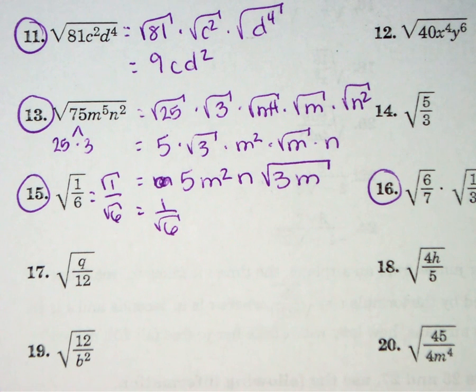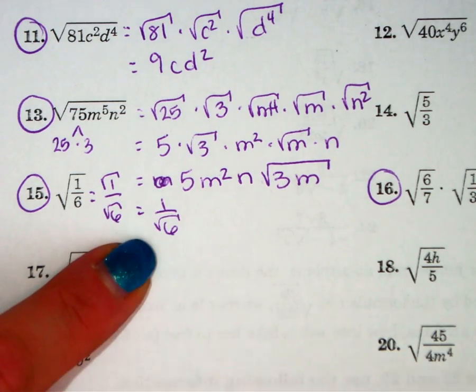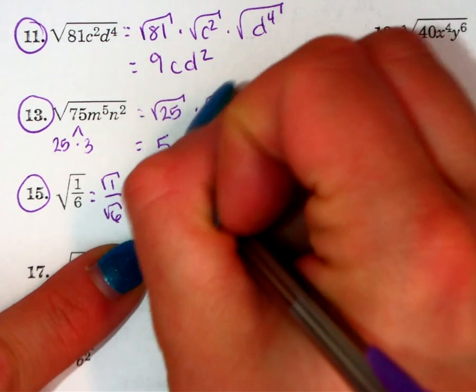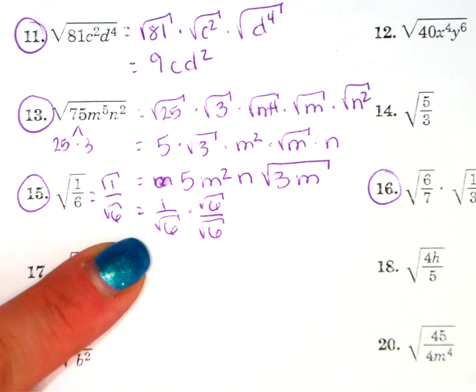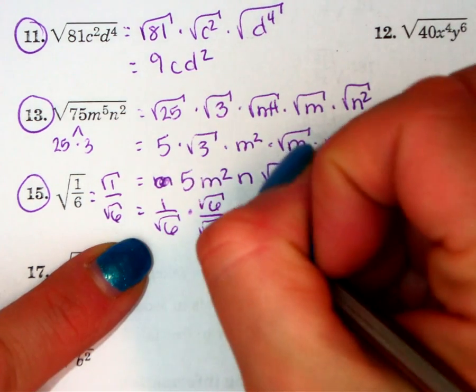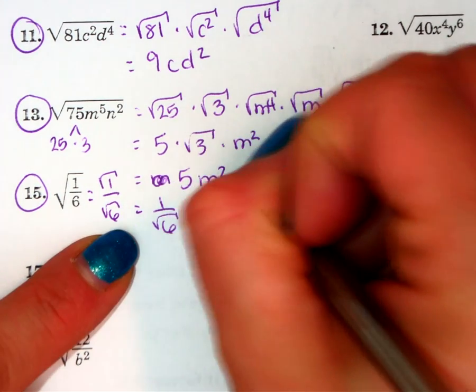I can't leave it there. I need to get it out of the root. So how I do that then is by whatever root is on the bottom, you are going to multiply the top and the bottom by that root. Because here's what's going to happen. 1 times root 6 is root 6.